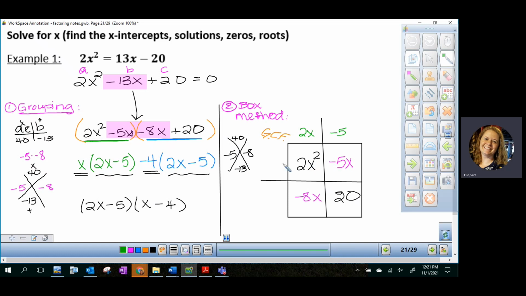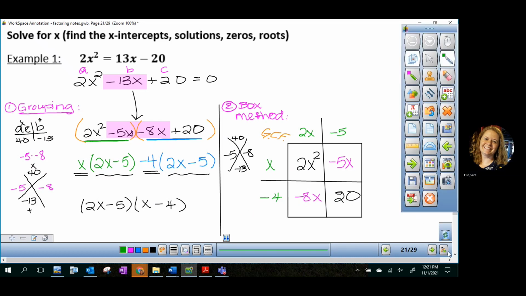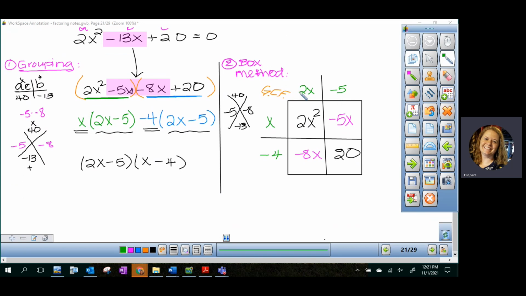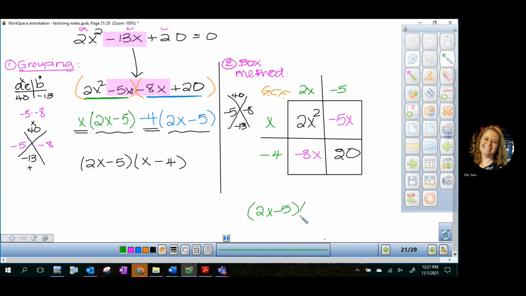Just x. What about this row? That lead term's negative, so I'm going to put negative 4. What I factored out are my factors. So 2x minus 5 and x minus 4.